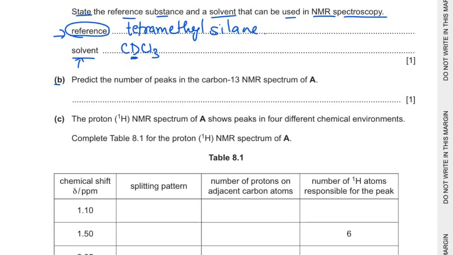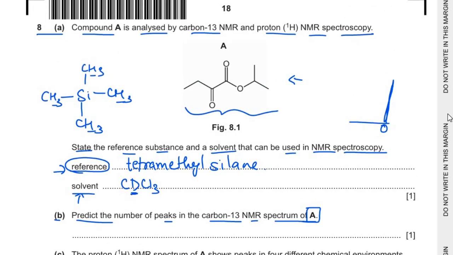Now the B part is: predict the number of peaks in the carbon 13 NMR spectrum of A. Let's have a look here. What are the different carbons present in it? How many carbons do we have?